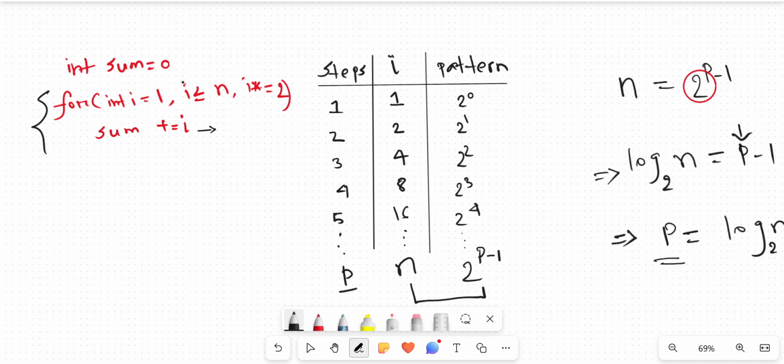This is the reason why we are trying to find the value of p, not n. And you already know that this is order of 1 time and this is order of p times, right? Because it is running p times. This is order of p times as well. p minus 1 or p, anyway, not going to complicate it much. It's like order of p.